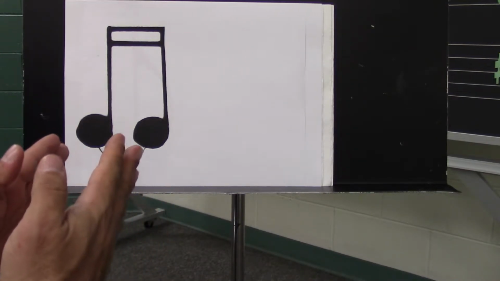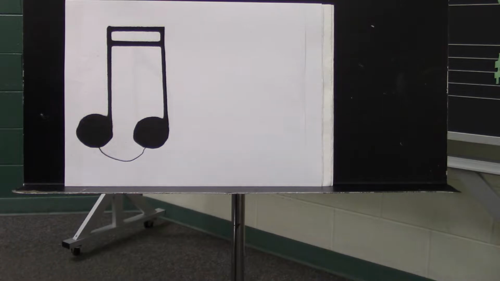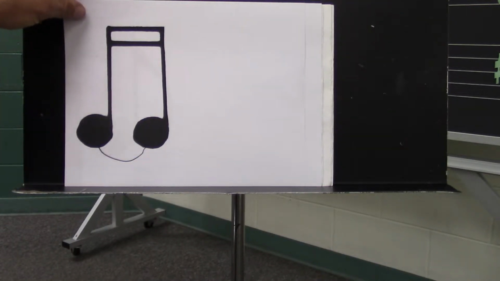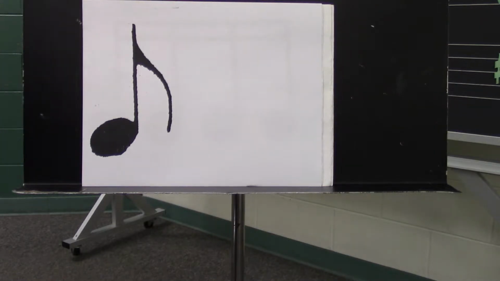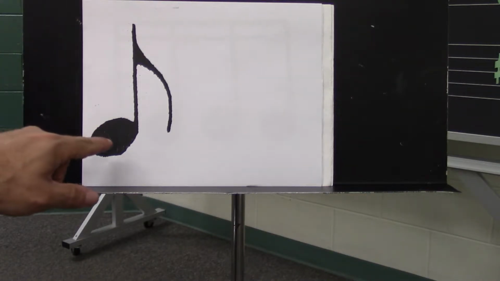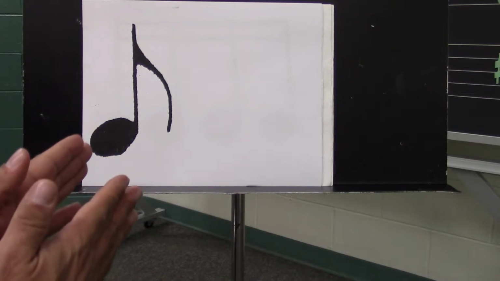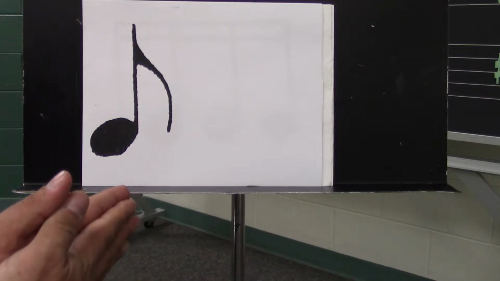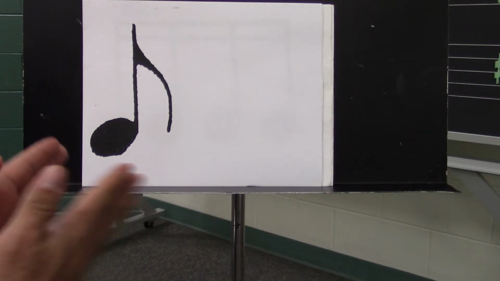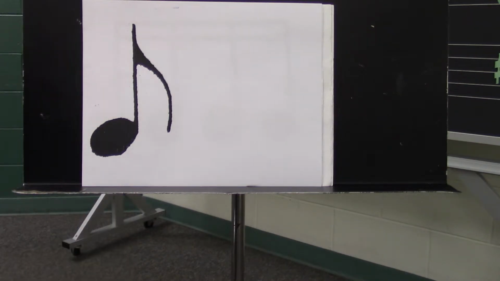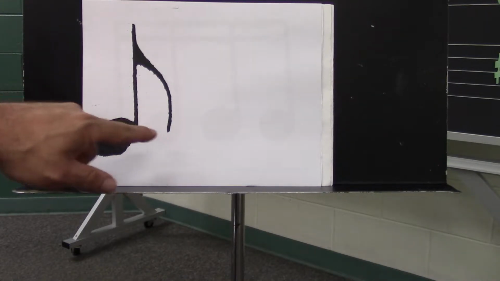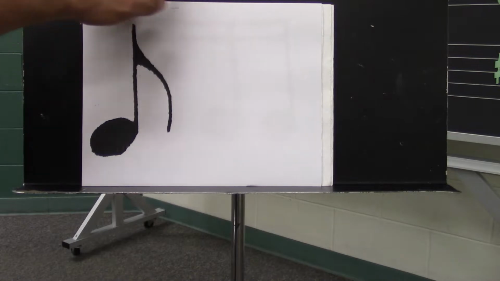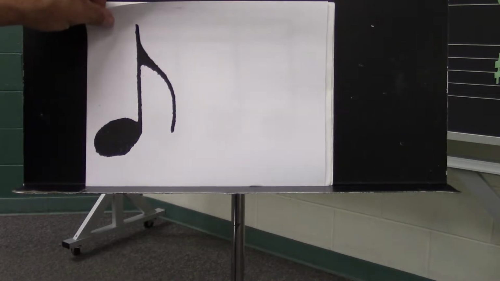Ready, go. 1, E. 2 tied 16ths equals what? They equal an 8th note. Ready, go. 1, E. Let's do it again. Ready, go. 1, E. How many flags are on an eighth note? An eighth note has one flag. It can also have one beam if it connects other eighth notes together.